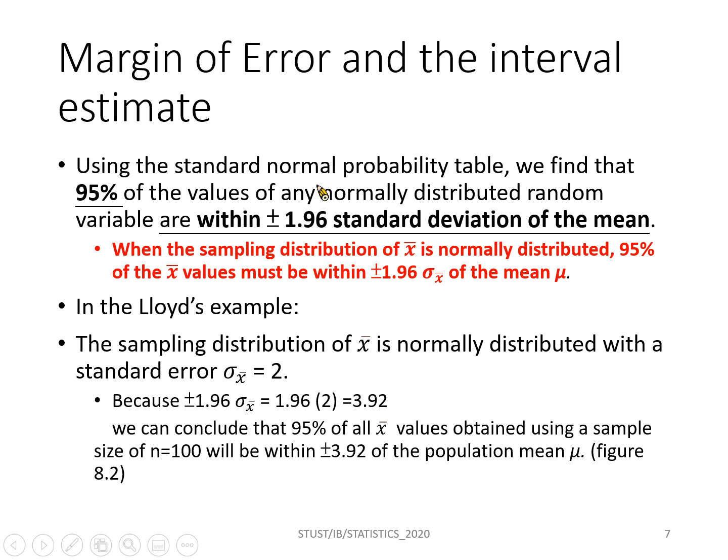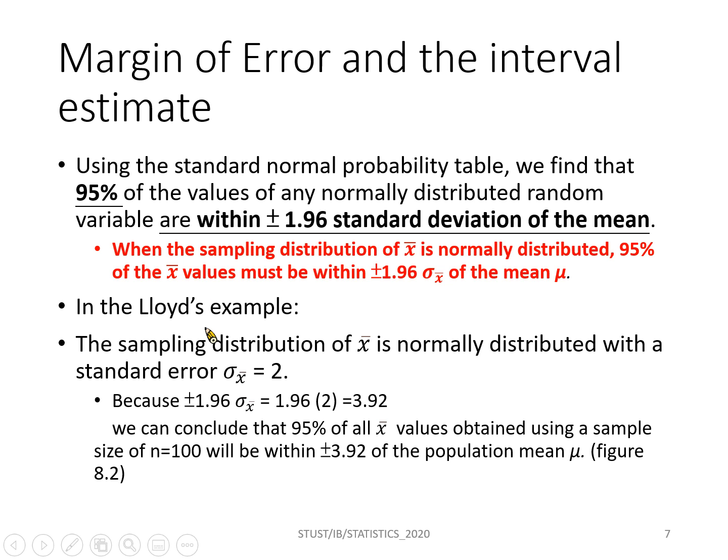Using the standard normal probability table, you can find that 95% of the values of any normally distributed random variable are within positive or negative 1.96 standard deviations of the mean. So when the sampling distribution of x bar is normally distributed, 95% of the x bar values must be within positive and negative 1.96 standard deviations of the mean mu.